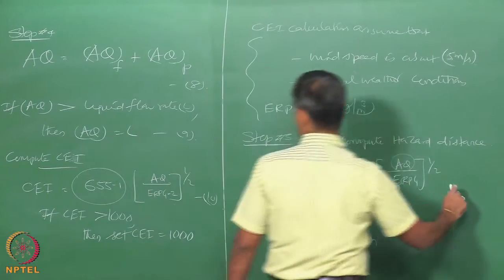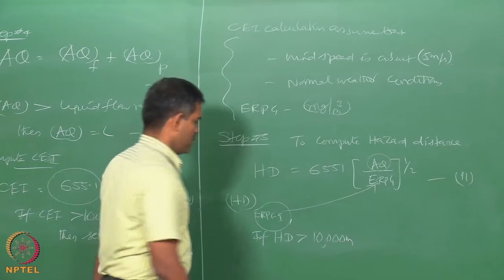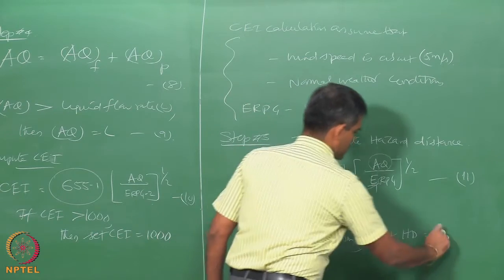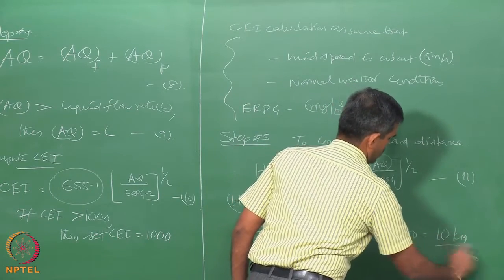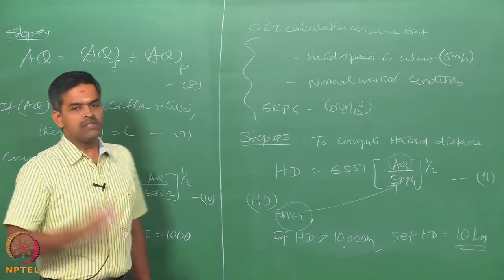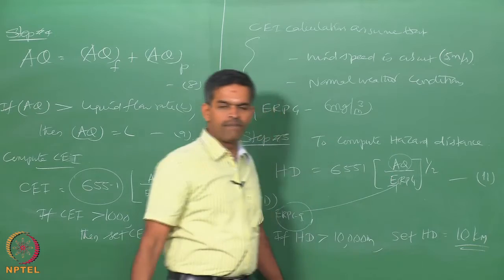If the hazard distance exceeds 10,000 meters as computed from equation number 11, then set the hazard distance as, let us say, 10 kilometers. That is the maximum distance we can have. It means in general water may be the chemical which is hazardous in nature.